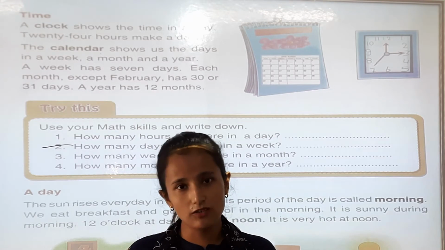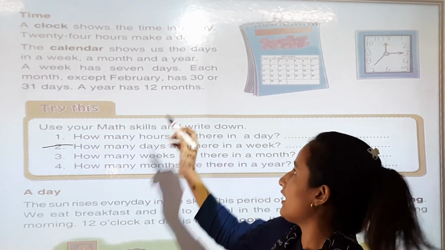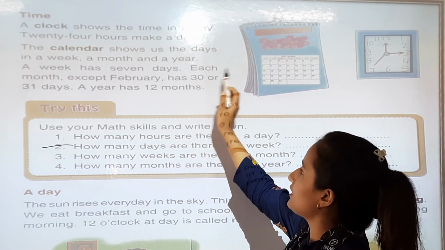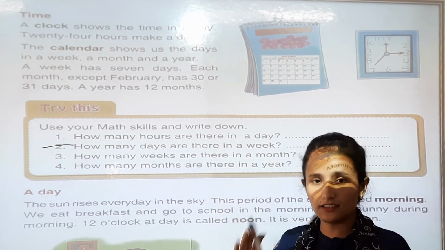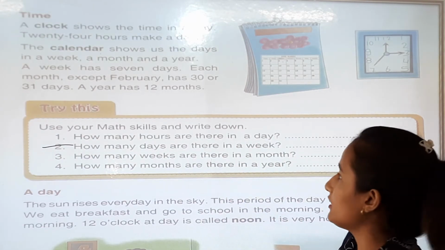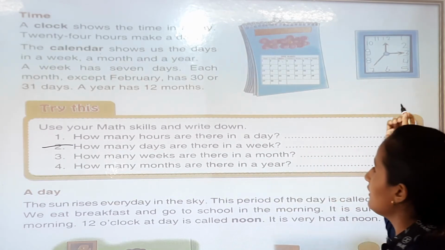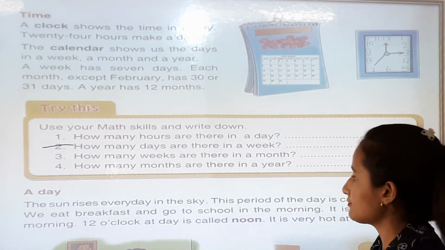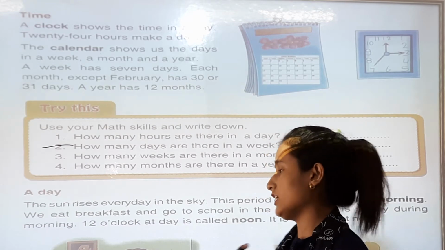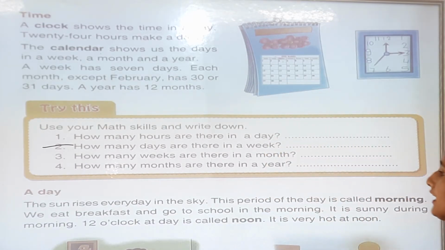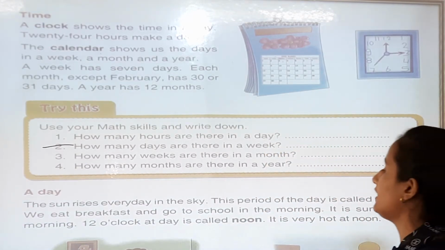So except February, every month has 30 or 31 days. A year has 12 months, as we all know. Now we are going to learn about a day. The sun rises every day in the sky.